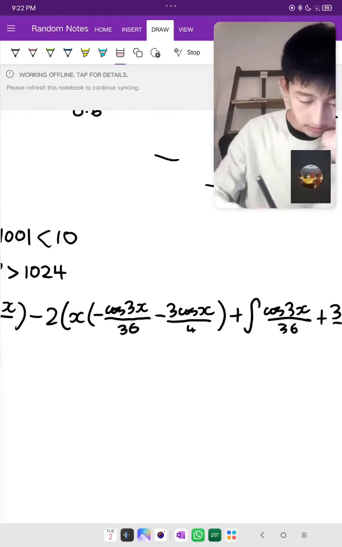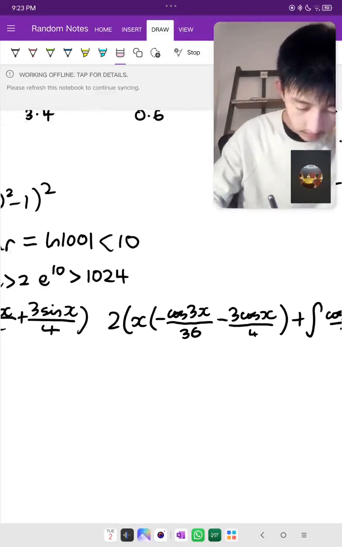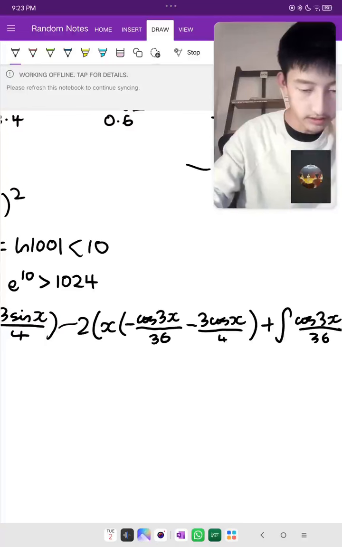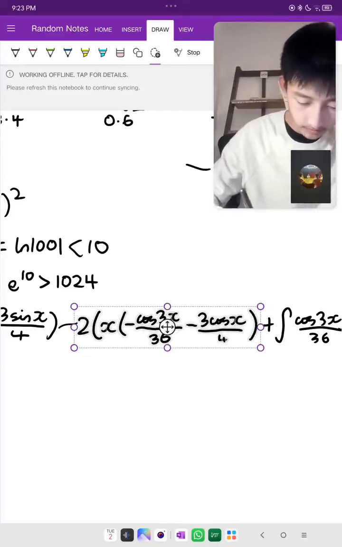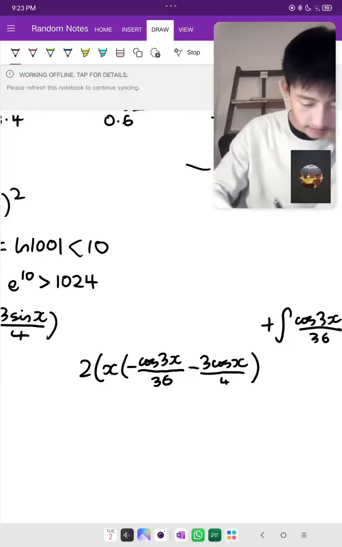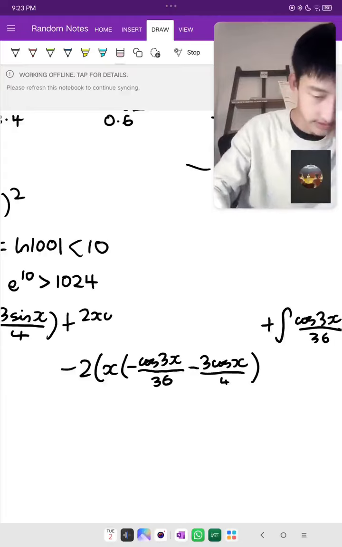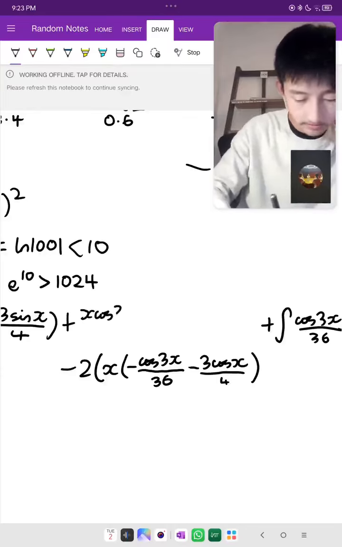Then I'm going to replace. Okay, let's write this as, I'll move it down so that I remember it's there. So this is going to be plus 2x cos 3x over 36, which is just x cos 3x over 18.